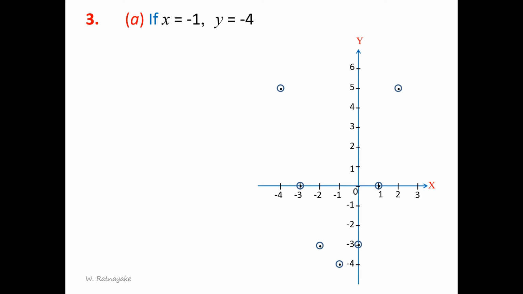So the coordinates of the points are given in the value table, and using those values we plotted the points on the coordinate plane, and we have to join these points smoothly to make only one smooth curve. That is like this.